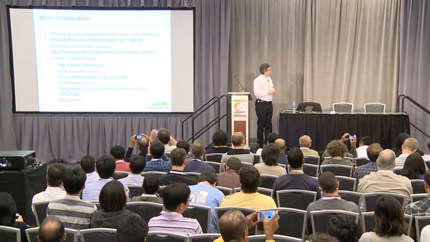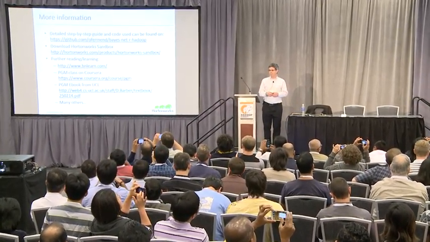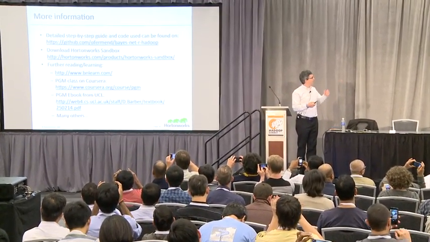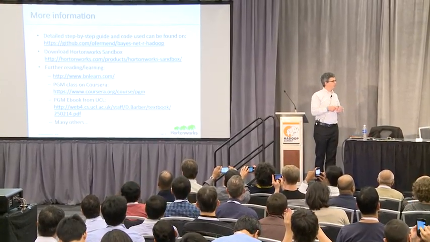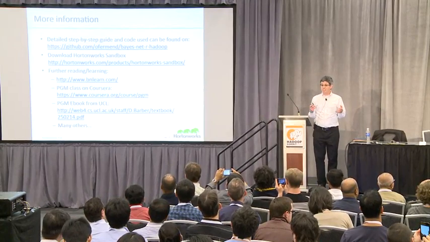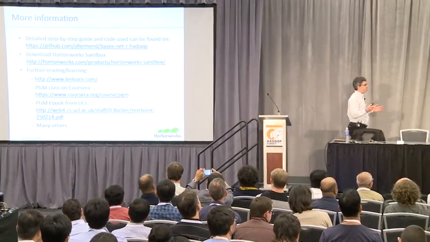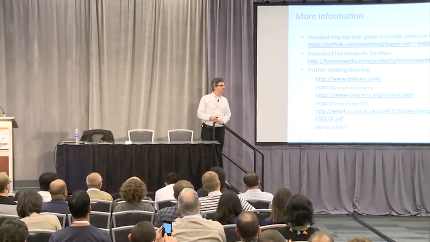As I said, there is a GitHub repository that I put together, and I encourage you to try it out. It's really cool. You can download the Hortonworks sandbox. I tried it on that. You can install everything, play with it, maybe build your own network with a different data set and see how that works. If you're interested, Bayesian Networks is a really deep, complex topic to understand theoretically.